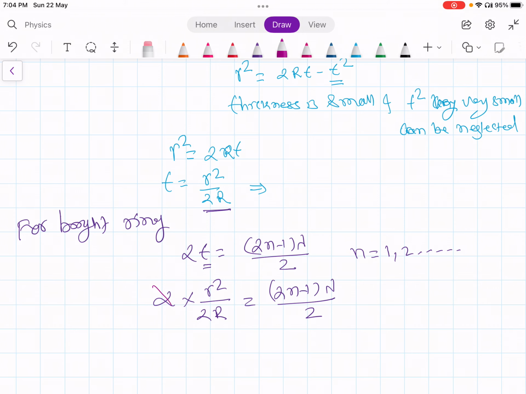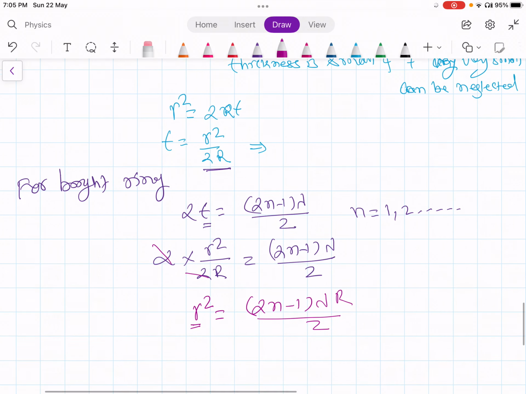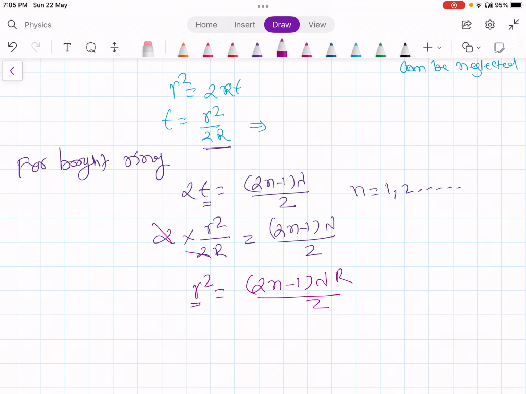So this 2 cancels with this 2, and what we get is r square is equal to (2n minus 1) lambda R upon 2. In this case, we are talking about the diameter of the ring. This r is the radius of the ring. So let us convert this into diameter of the ring.